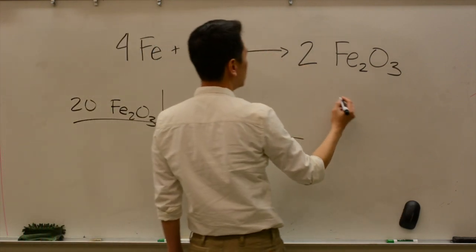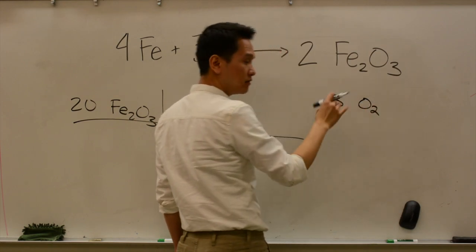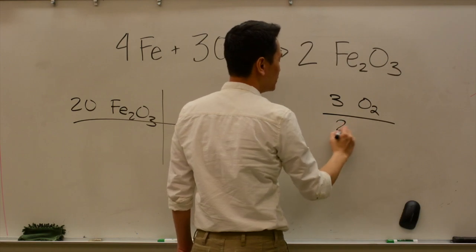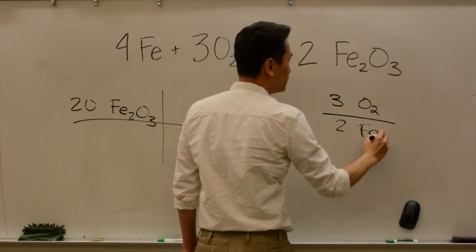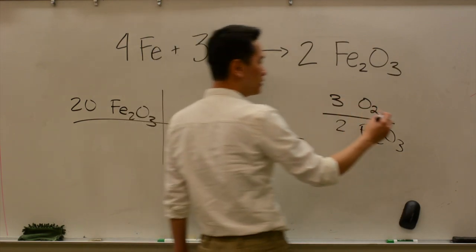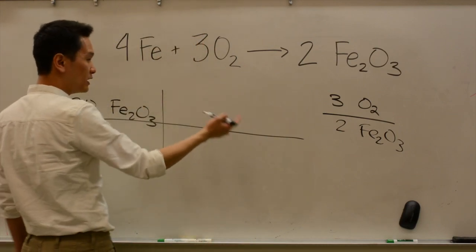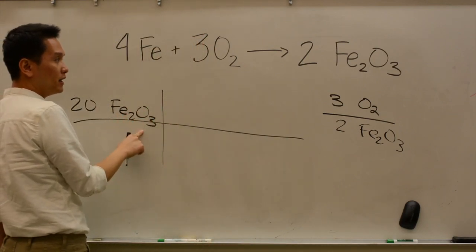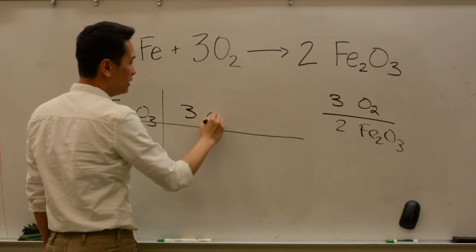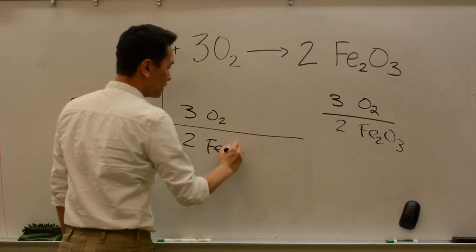Let me write on the side here that equality: for every 3 oxygens, I'll just call that a unit of oxygen, there are going to be 2 of iron oxide. Remember, that's the recipe. Or the reverse: for 2 iron oxide, 3 oxygens. In this case, if I want to convert iron oxide into oxygens, I'm just going to use that straight: 3 oxygens for every 2 iron oxide.